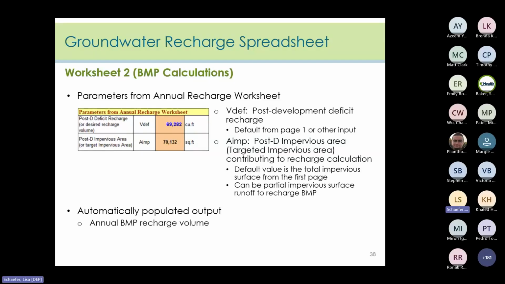You would then also use two more workbooks and split the impervious surfaces between the two workbooks, making sure to input the right locations of the BMPs into their respective workbook. And then you're going to add the annual BMP recharge volumes from those two workbooks to check if it is equal to or greater than the annual recharge deficit that was originally calculated for the entire site.